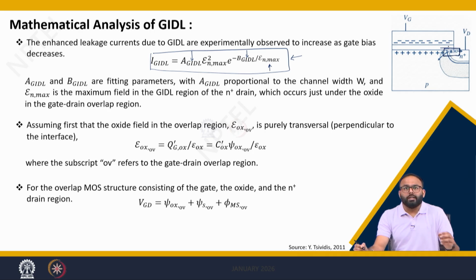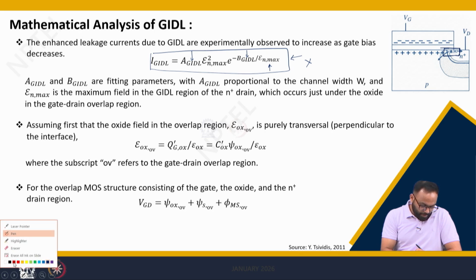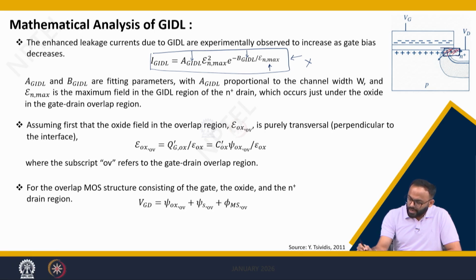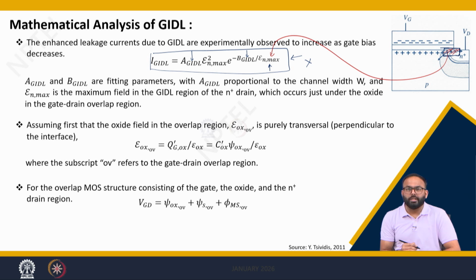Now, if you put this equation into our basic equations to calculate the GIDL current, it becomes very complex. So, we can use a simpler approach to find the effective electric field in this region and then put it back here to calculate the GIDL current. Now, how can we proceed?